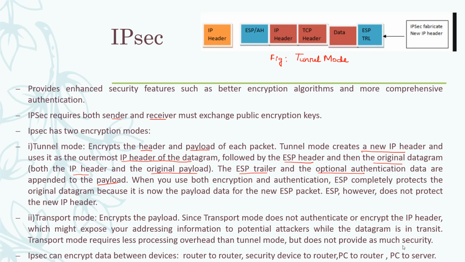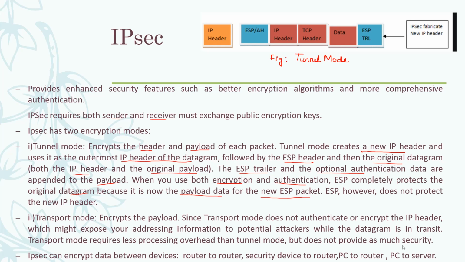When you use both encryption and authentication, the ESP will completely protect the original datagram, because it is now the payload data for the new ESP packet. However, ESP does not protect the new IP header.